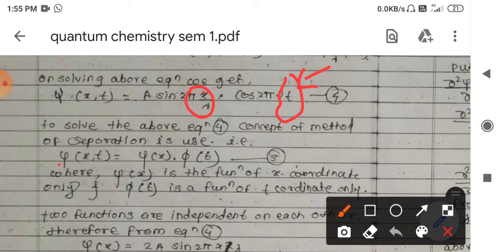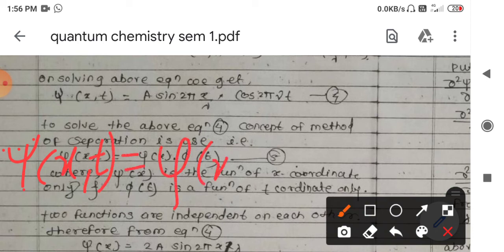So we say that ψ is a function of position coordinate x and time coordinate t, so it can also be represented as a separate function of position and another separate function of time. This is my capital Ψ. In the introductory lecture I said that sometimes we use the capital Ψ and sometimes the small ψ. The capital Ψ represents the function of position and time, and the small ψ represents the function of only position.